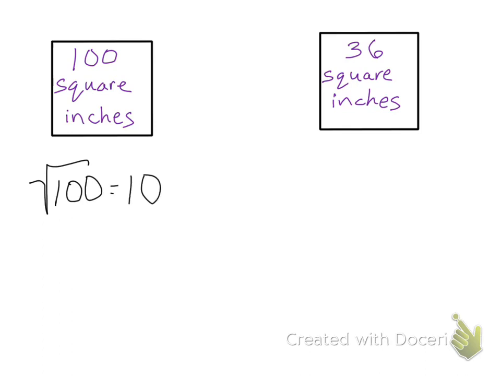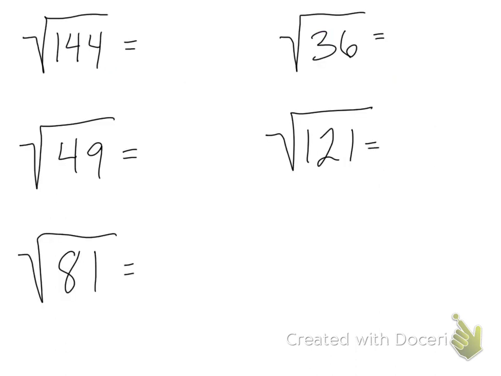So the length of the sides equal 10. What about 36 square inches? Well, I would do the square root of 36, which equals 6, which means that my sides all equal 6 inches.